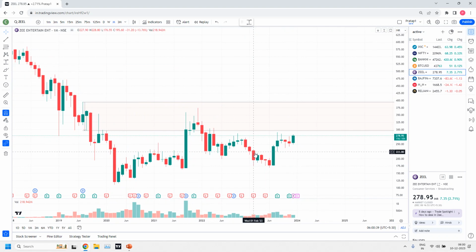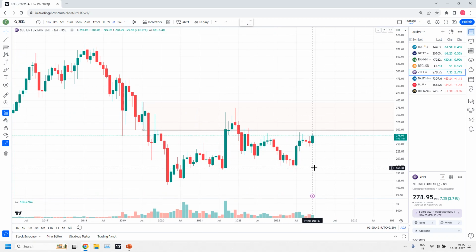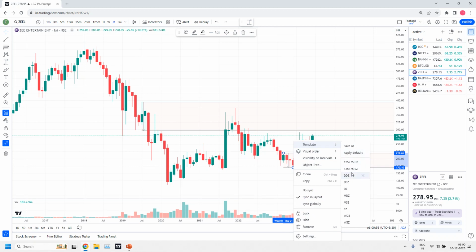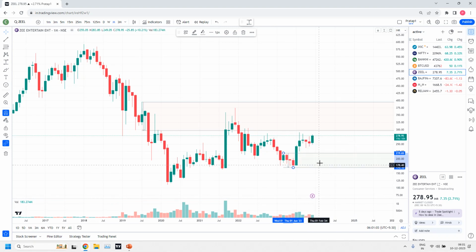Next one, we have a demand zone, drop, base and rally. So let me draw. And this is a monthly demand zone. So I am selecting the MDZ template. So we got a very light green color.